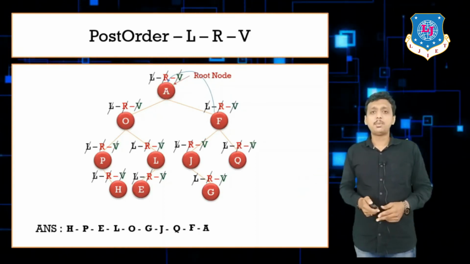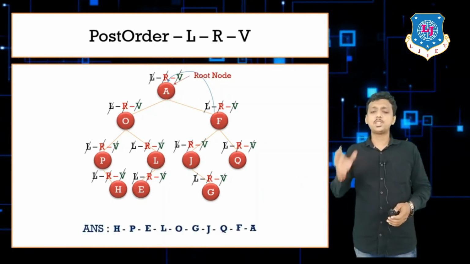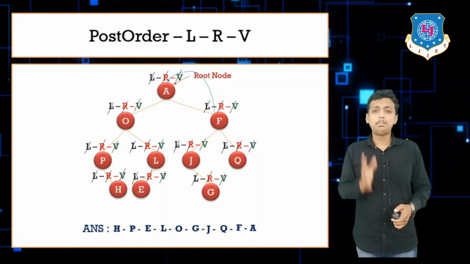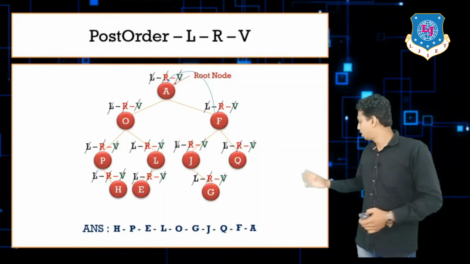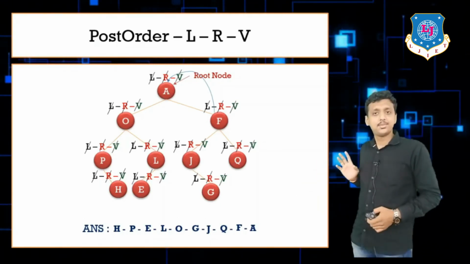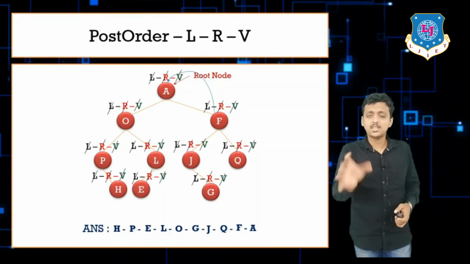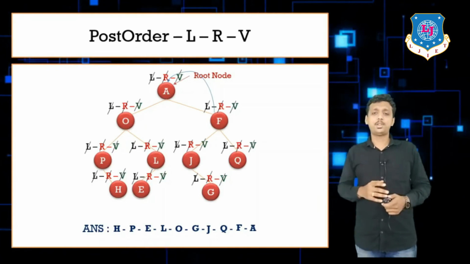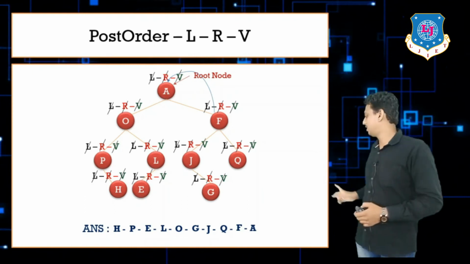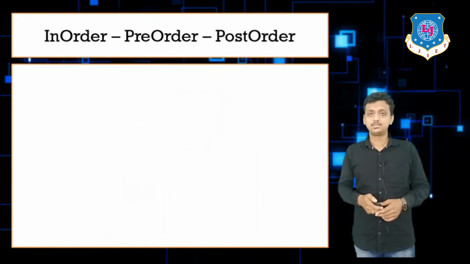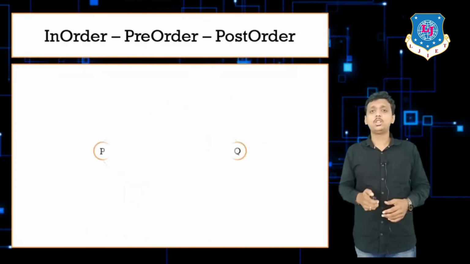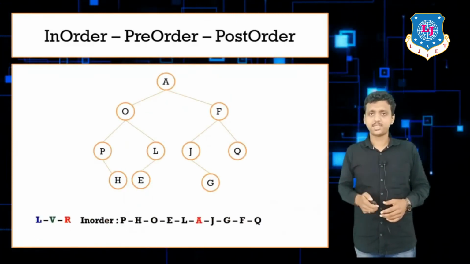So after performing post order operations, students, my answer is H, P, E, L, O, G, J, Q, F and A. Now if you notice again, in post order operation, our root node is on the last side. Now I am showing you the in order, pre-order and post order answers.